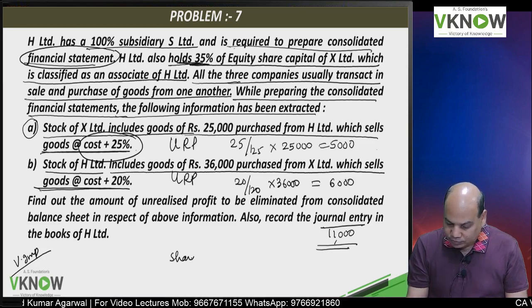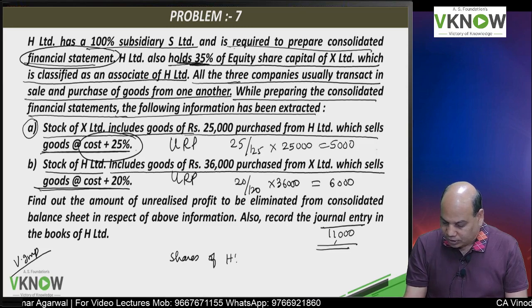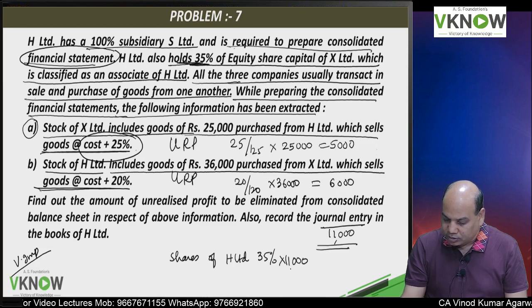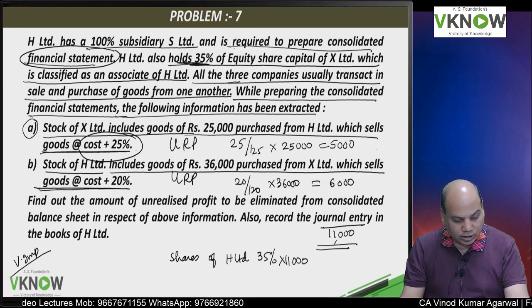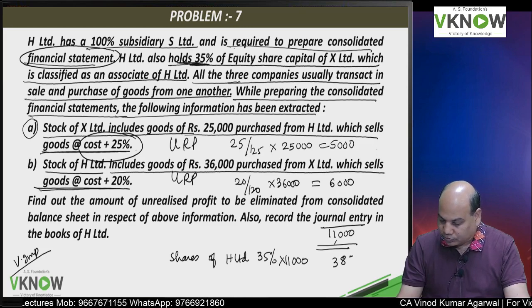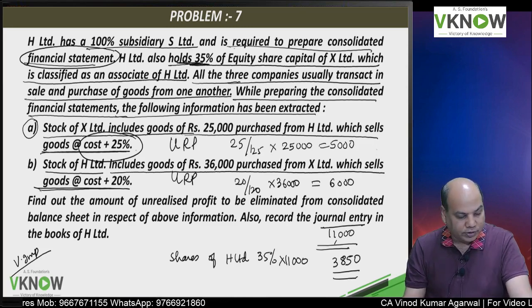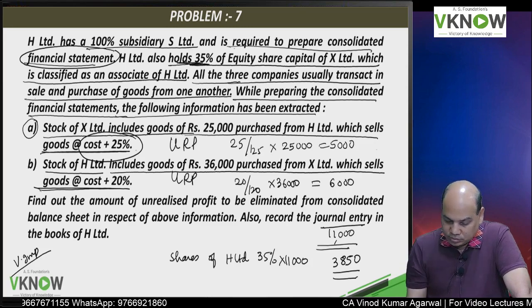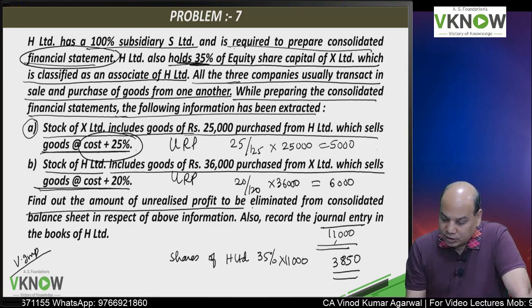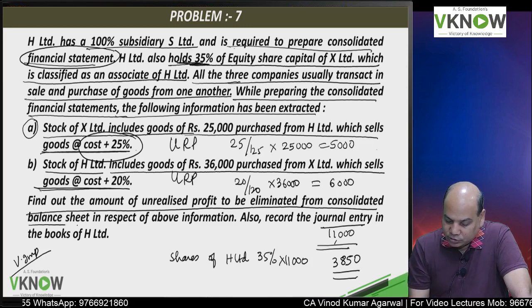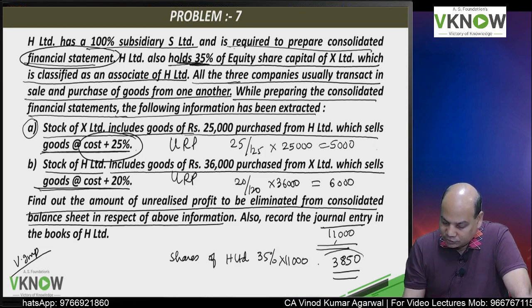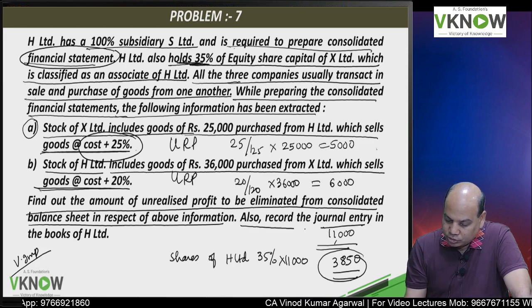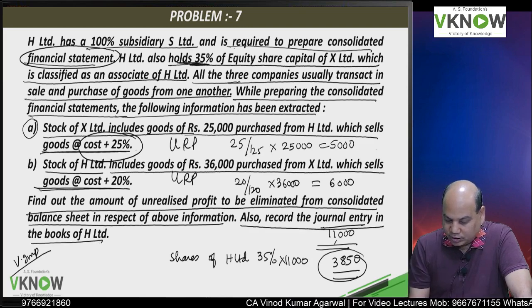Share of H Limited will be 35% of 11,000, and that comes to 3850. Find out the amount of unrealized profit to be eliminated from consolidated balance sheet. The answer is 3850.